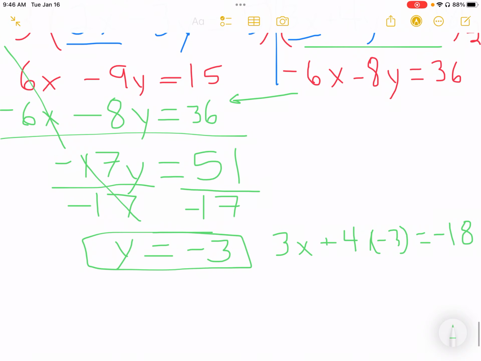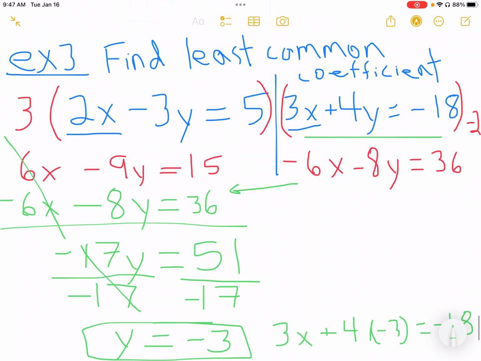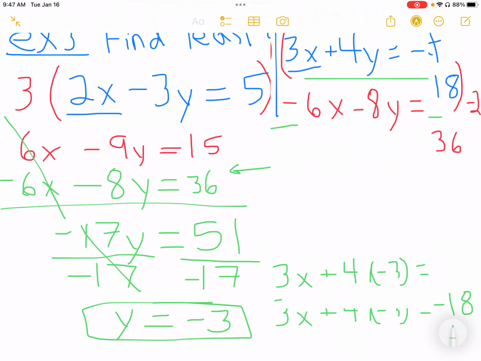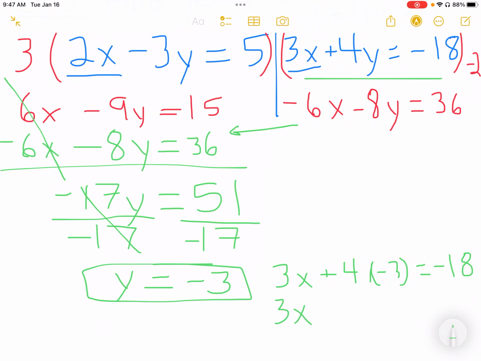And there's no wrong way to do this. I could plug it into the one on the left side here too, but I have this one. Hopefully you can see, I just plugged in the minus 3. Now I just have 3x, and then I have minus 12, and then I have minus 18.